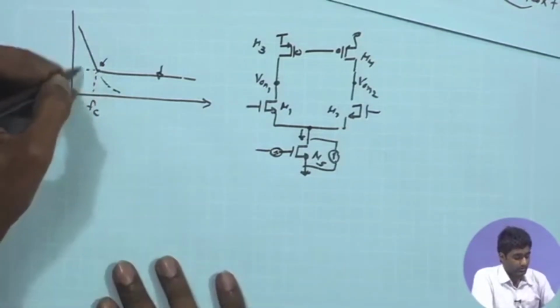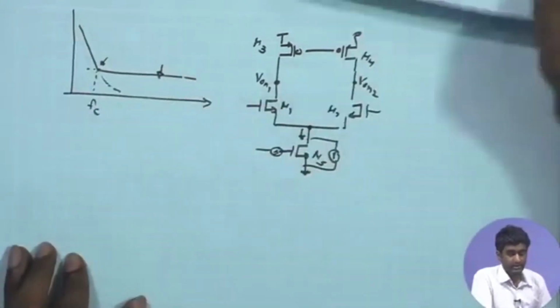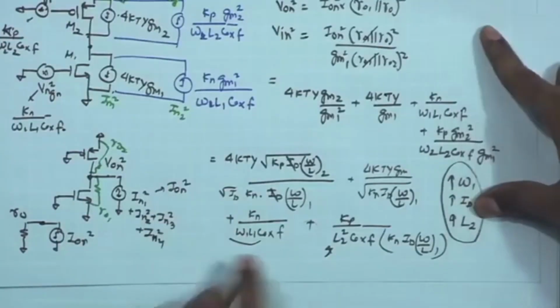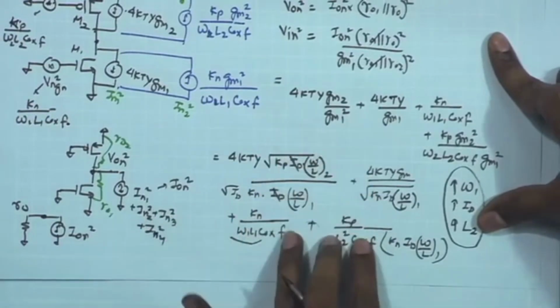So, we need to ideally shift FC to 0.5 hertz if we rely only on sizing, and once again referring back to our discussion earlier, the 1 upon F frequency will be obtained by the ratio of these two terms.